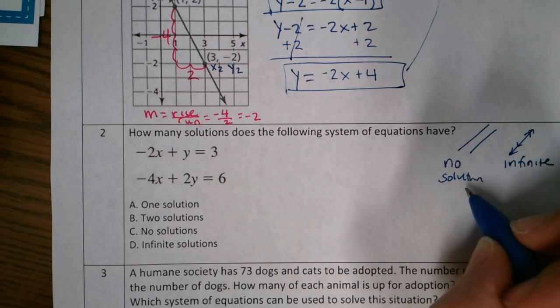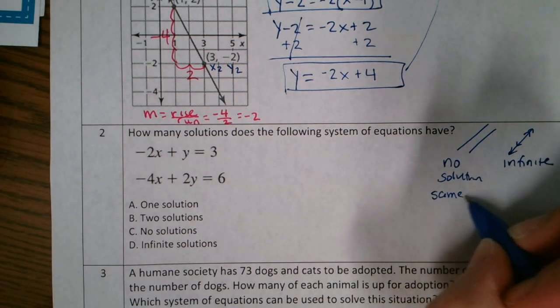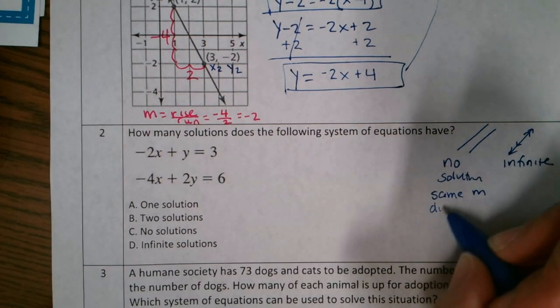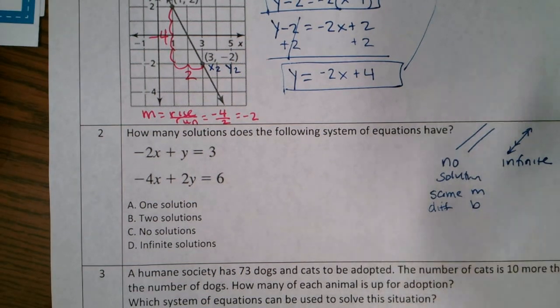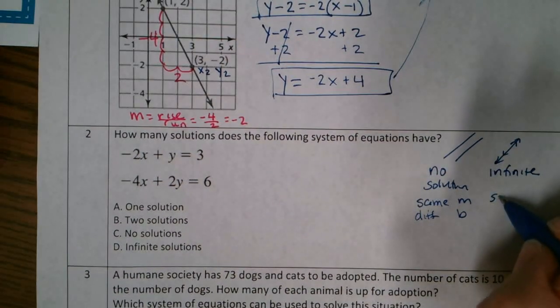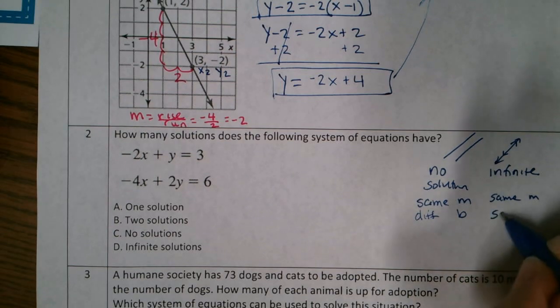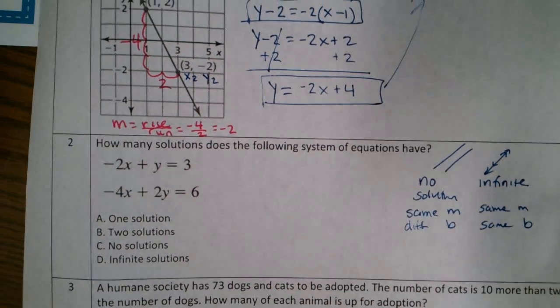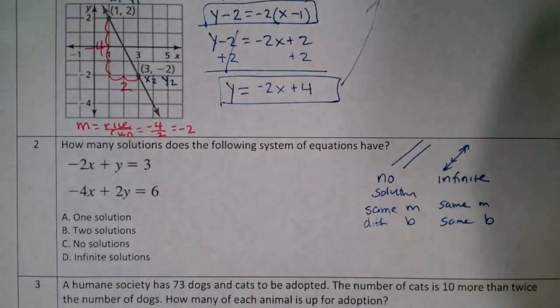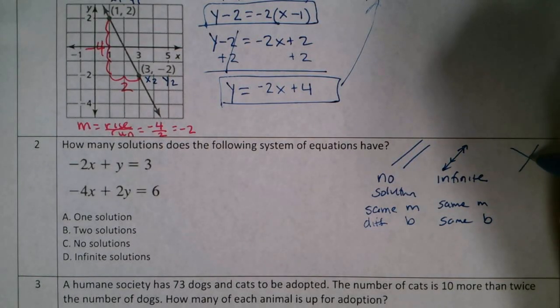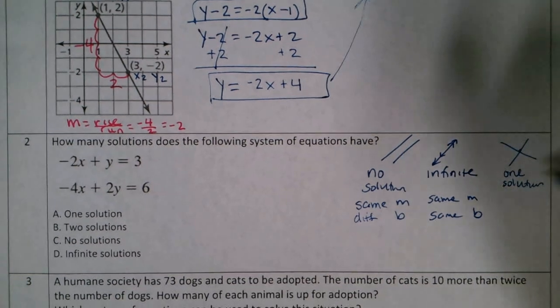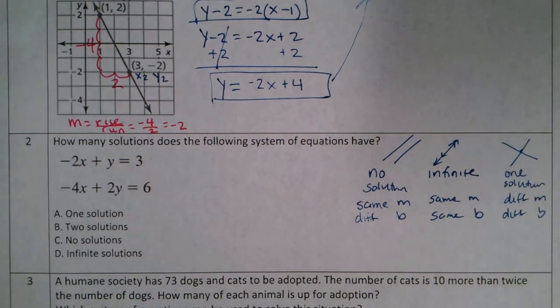So no solution would mean same slope, different y-intercept. Infinite would mean same slope, same y-intercept. And then if both are different, there's only going to be one solution. So that would be a different slope and a different y-intercept.